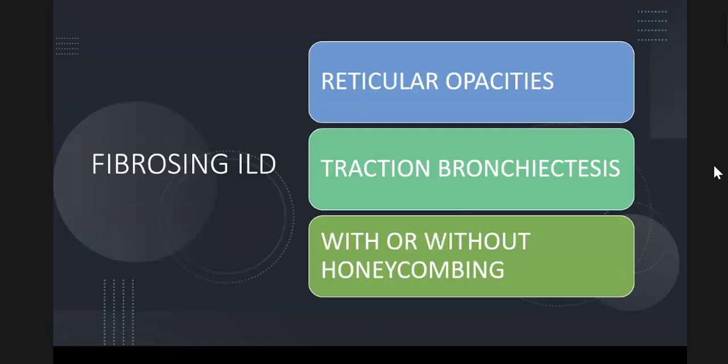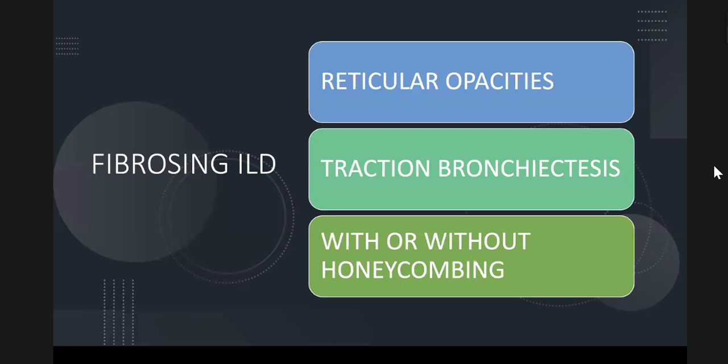First things first, what is fibrosing ILD characterized by? Three things: reticular opacities, traction bronchiectasis, with or without honeycombing. So, if you see reticular opacities and you see traction bronchiectasis, be sure you are dealing with a fibrosing lung disease.